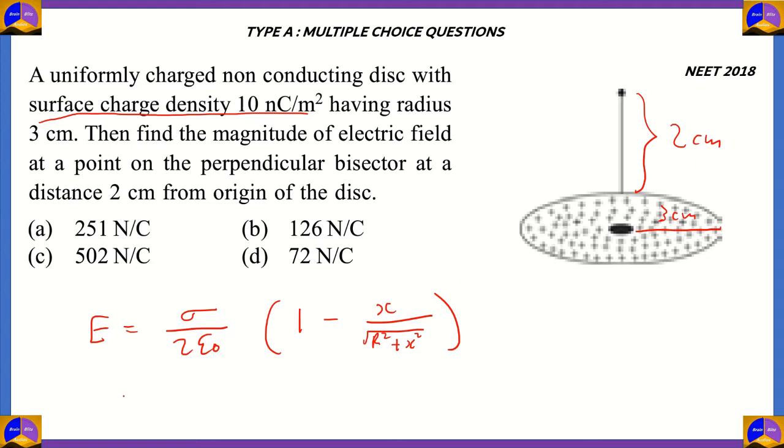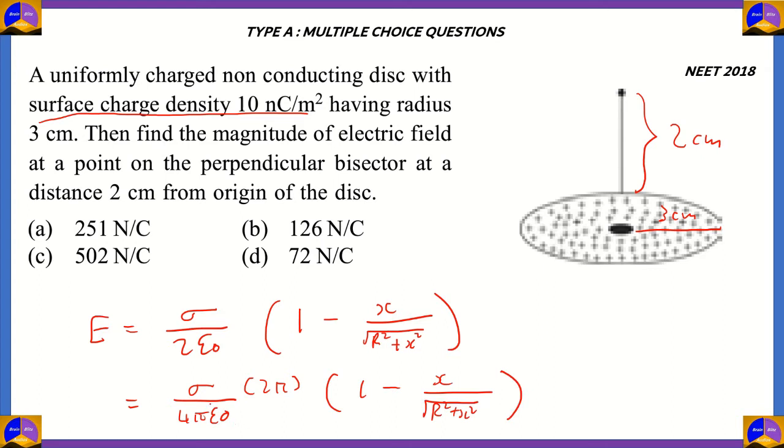In order to simplify this calculation, we're going to multiply both the numerator and denominator by 2 pi. So sigma times 2 pi divided by 4 pi epsilon naught. And then inside the bracket, it's still the same, 1 minus x divided by under root of r squared plus x squared.